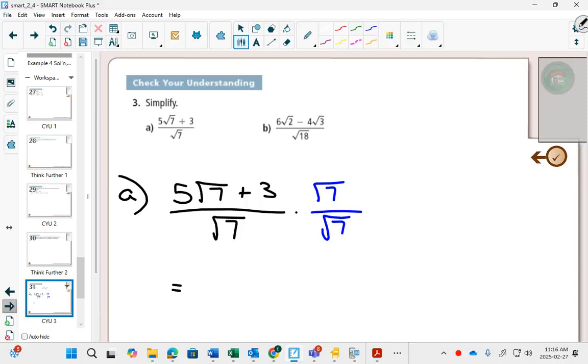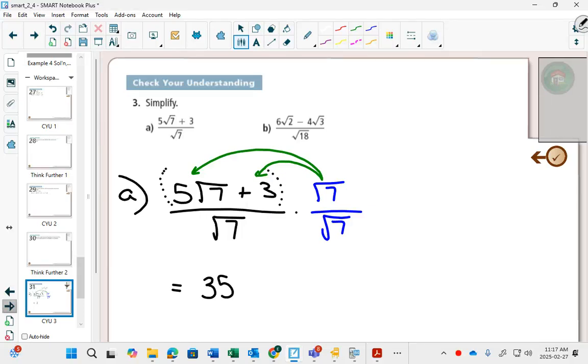Now on the top of a fraction, it's not written, but assume this is grouped together. There's like invisible brackets there that are not needed mathematically, but they're there. And if you had brackets there and you were multiplying by root 7, does it make sense you would need to distribute? Root 7 times another root 7 is just 5 times 7.